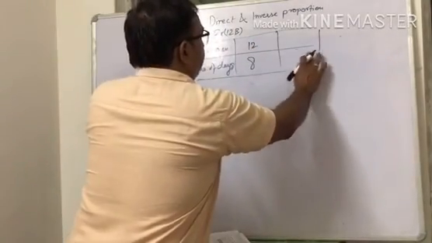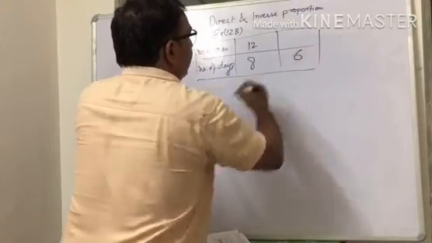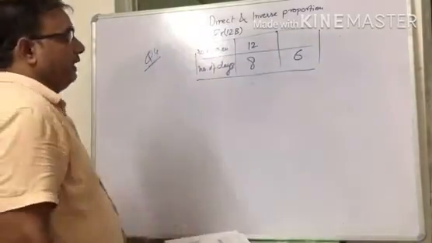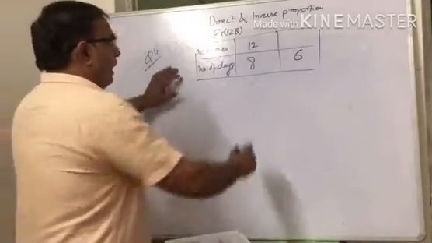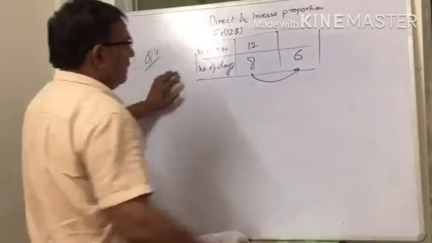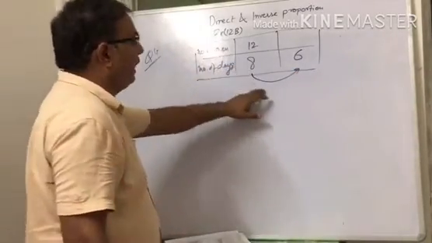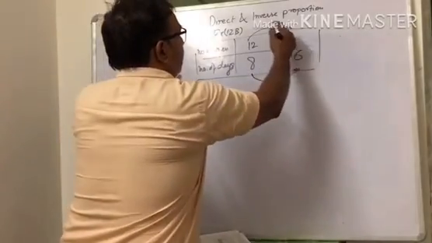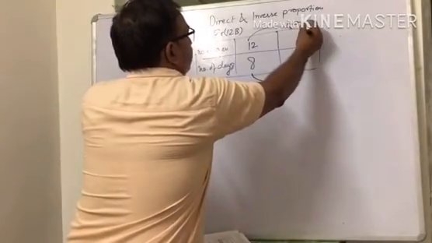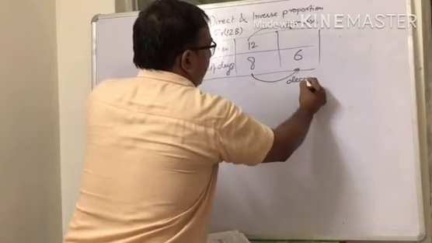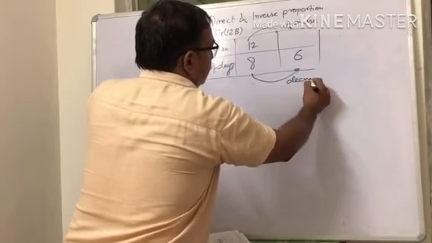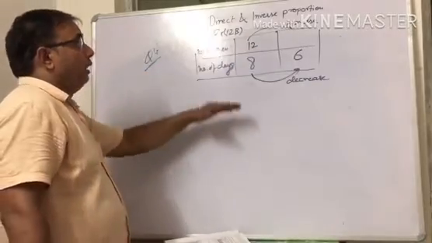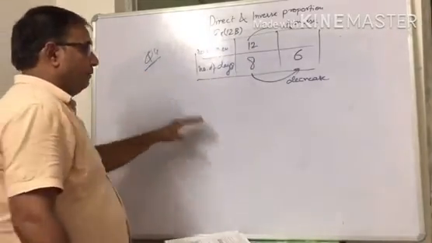Then how many men are required to dig the same pond in 6 days? If we decrease the number of days, we have to increase the men. If we decrease the number of days, we can use more men to do the same work.